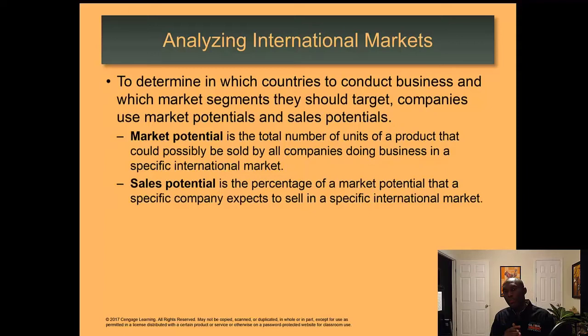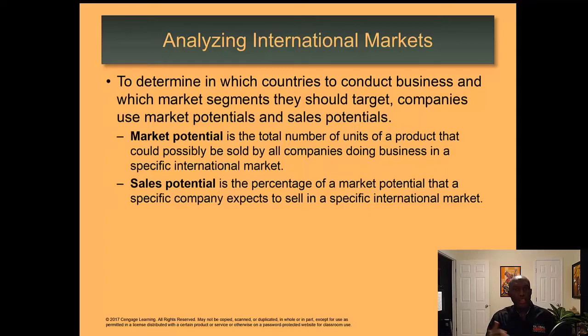So those are some basic reasons when you start talking about market potential. And what you do when you look at market potential, you look at things like your demographics. You look at population. You look at population density. You look at age distribution. You look at income distribution. You look at propensity to save. You look at a lot of these elements that gives you an idea of market potential.